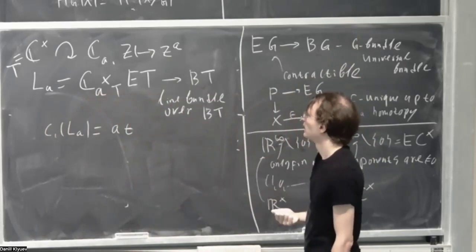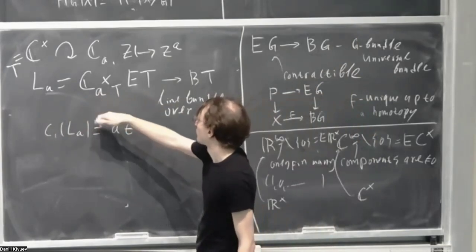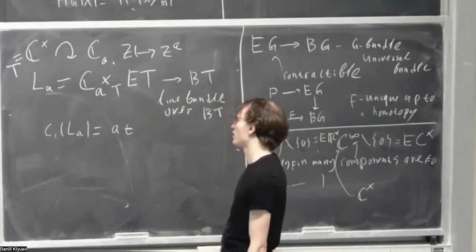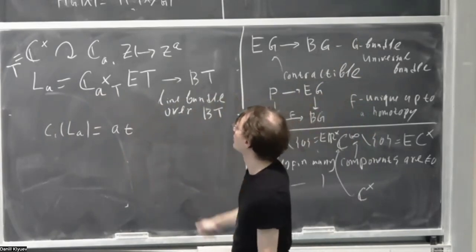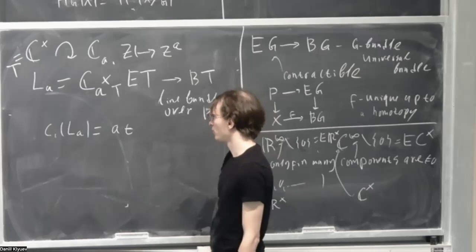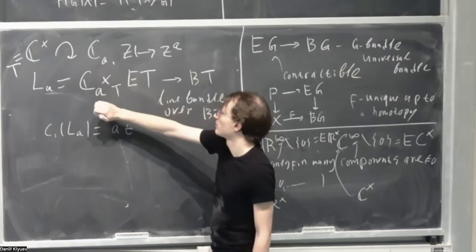Because for A equals 1, you exactly get the tautological bundle. So that's the reason we use O(-1) instead of O(1) in this definition, so that we don't have a flip of sign in this construction.